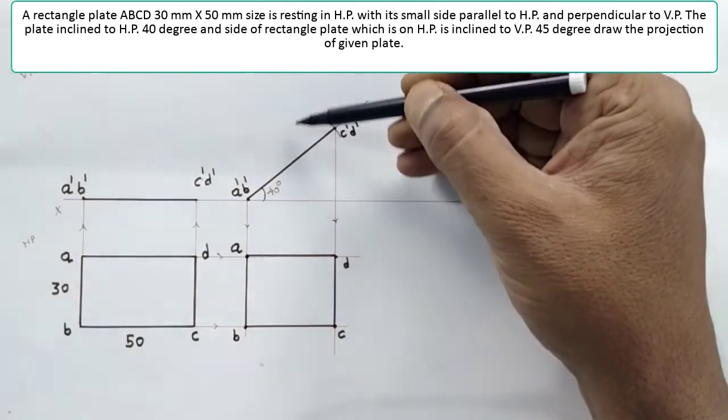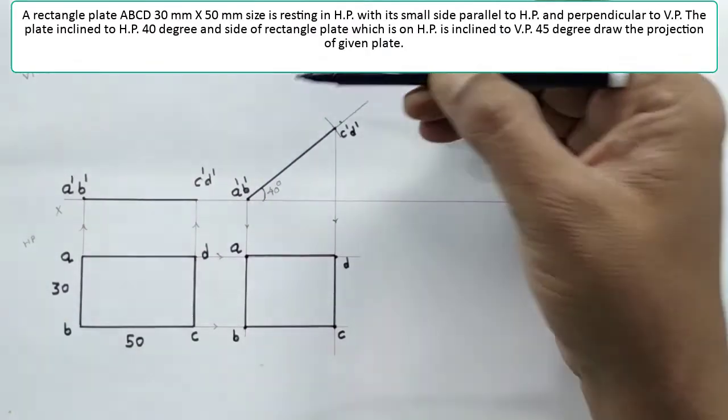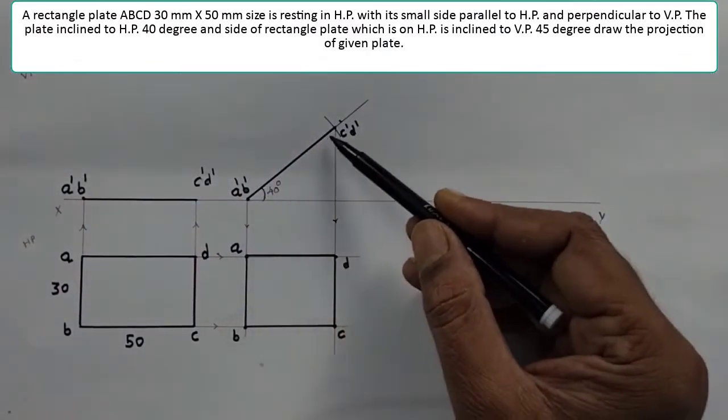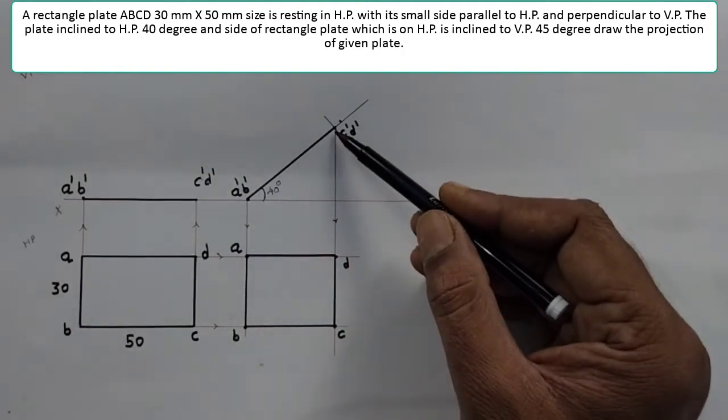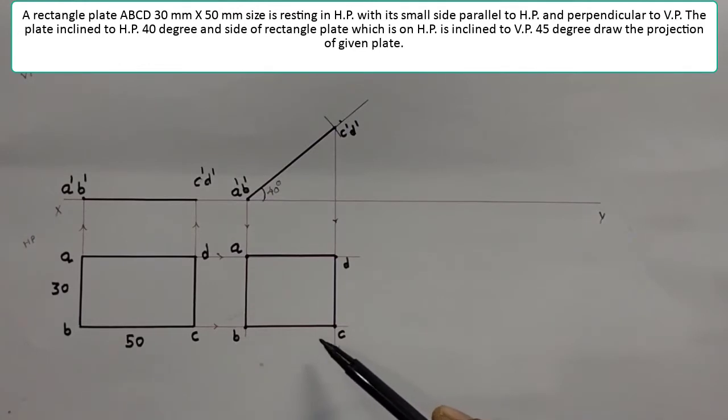When we see the top view in our second stage, this 50 mm dimension in the top view is going to be less. That BC, as per the principle of lines, we call the top view length. And always the top view length is less than the true length.